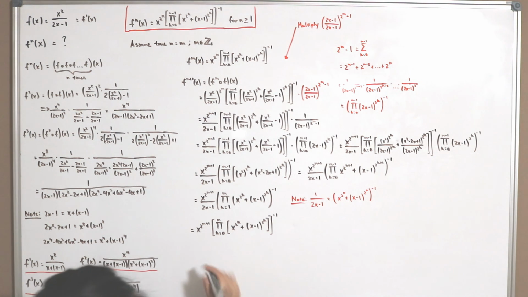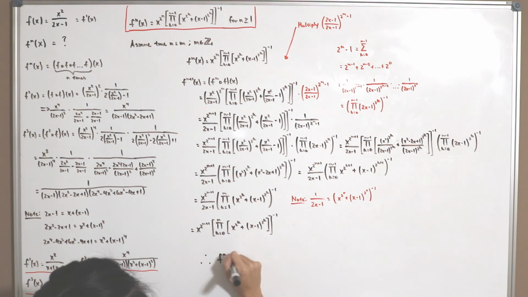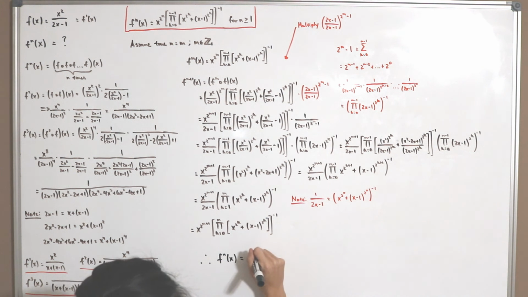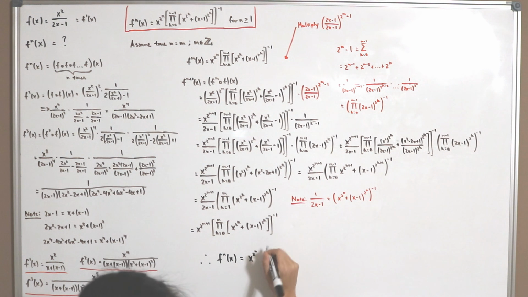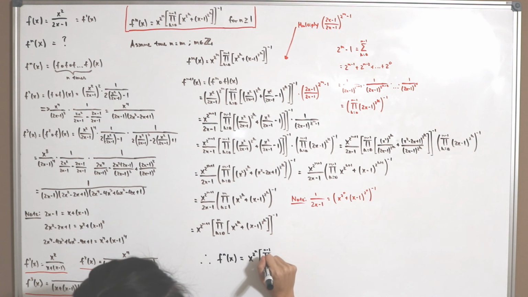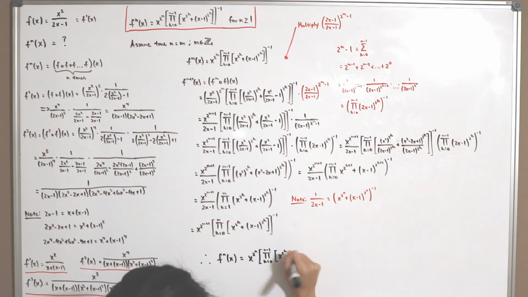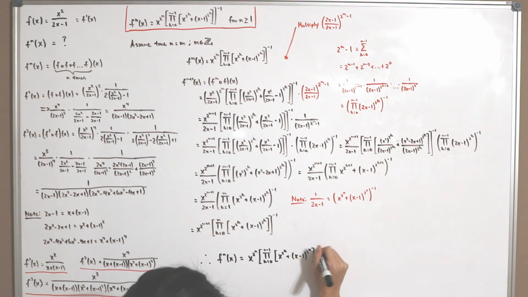with our conclusion, f sub n of x is equal to x to the power 2 to the power n, and then multiply our product series. So this is the product from k equals 0 to n minus 1 of x to the power 2 to the k plus x minus 1, and then raised to the negative 1.